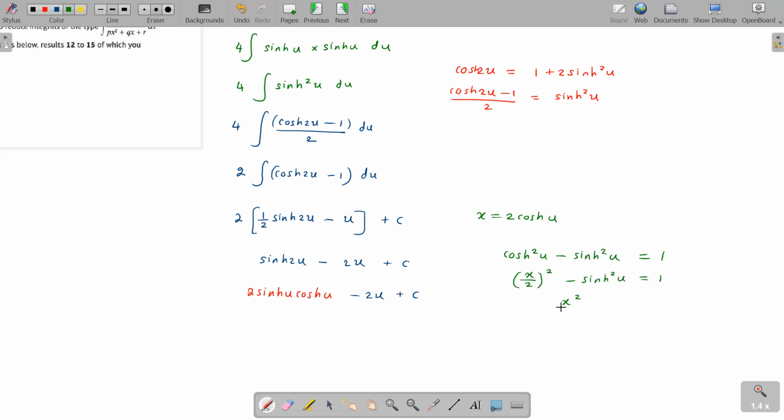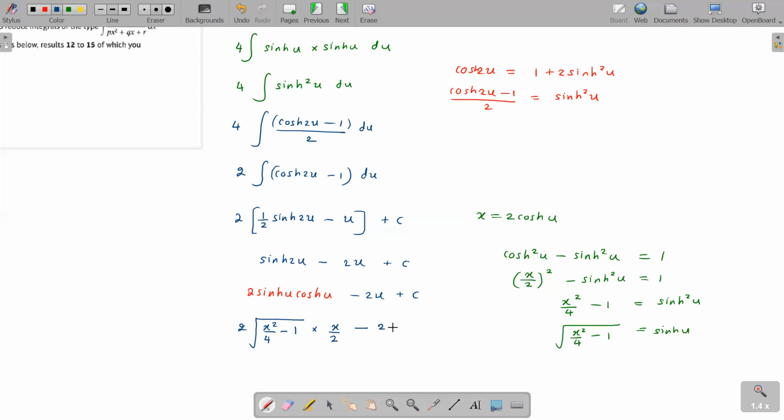I get here x square over 4 minus 1 equals sine square u. Are you okay with that? So I get sine u equals root x square over 4 minus 1. So here let's substitute the value. 2 times sine u is root x square over 4 minus 1, into cos u is directly x over 2, minus 2u.